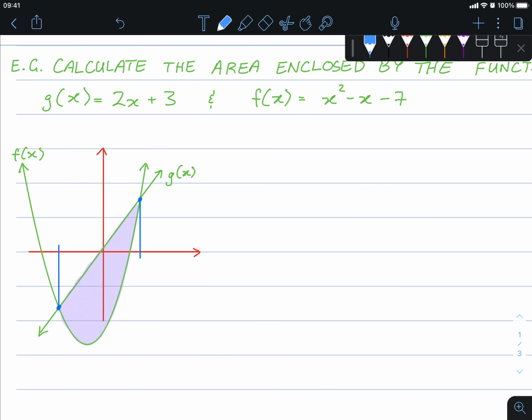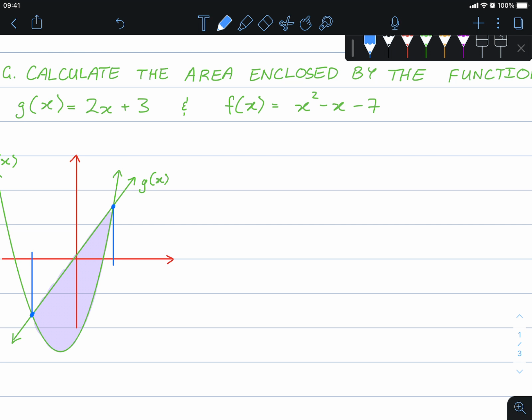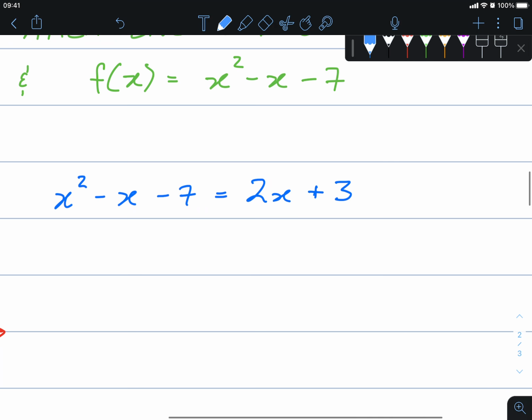We can find that simply by letting these two equations equal each other. So x squared minus x minus 7 equals 2x plus 3. Solving this, we get x squared minus 3x minus 10 equals 0.